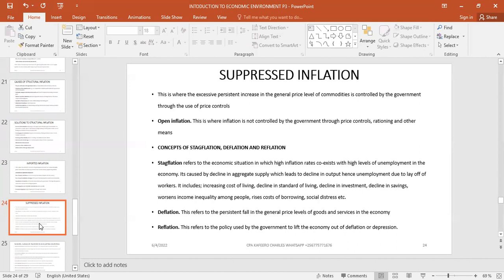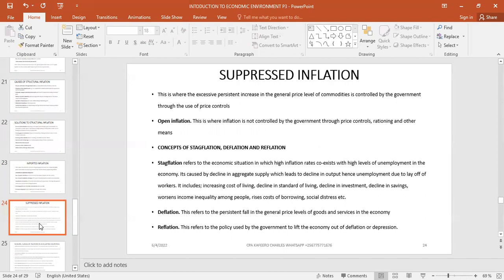Suppressed inflation is where the excessive persistent increase in the general price level of commodities is controlled by the government through the use of price control. This is mainly a control measure whereby the prices are controlled by the government through the use of maximum and minimum price legislations.